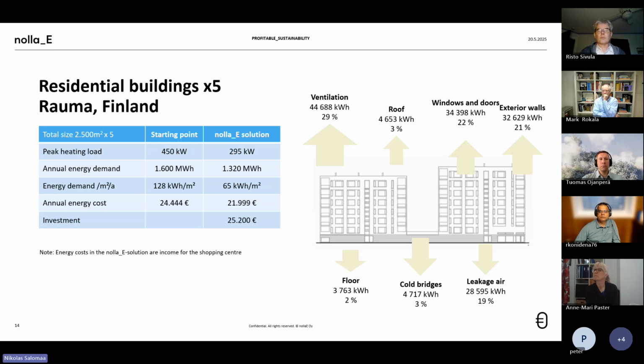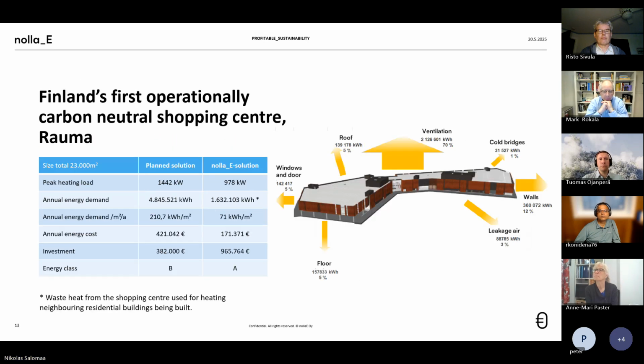If we take the initial design annual energy consumption of the 5 residential buildings and subtract that from what was left when we lowered the annual energy consumption to a third, we are very close to zero in terms of megawatt hours, carbon footprint, and also financially.